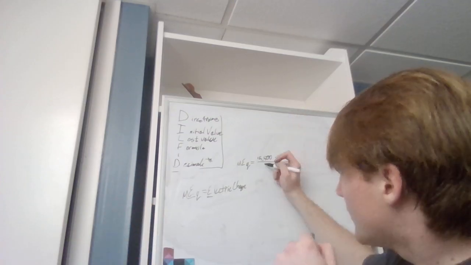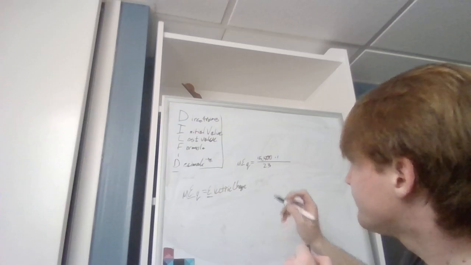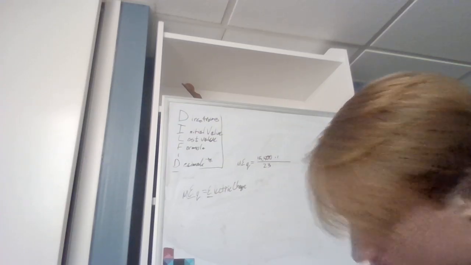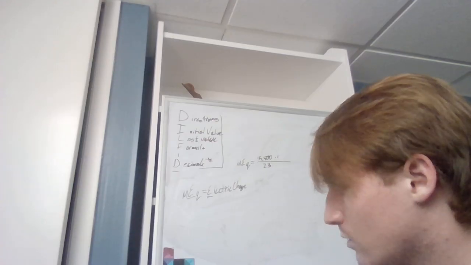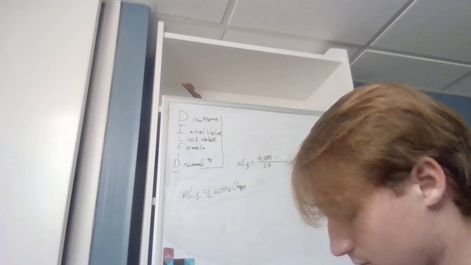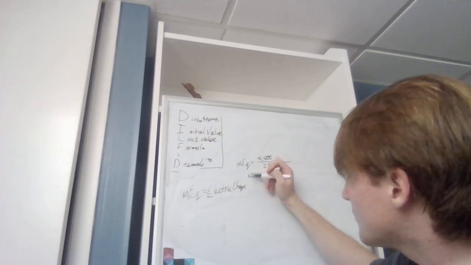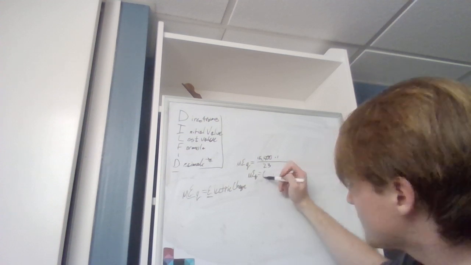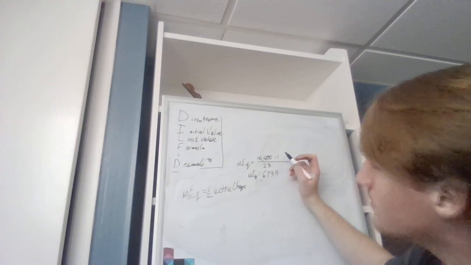So you do that over 23, and that will give you, un momento, divided by 23, MEQ equal to 673.9.